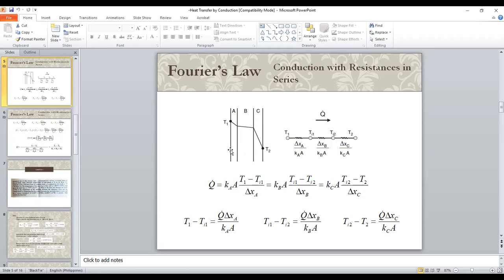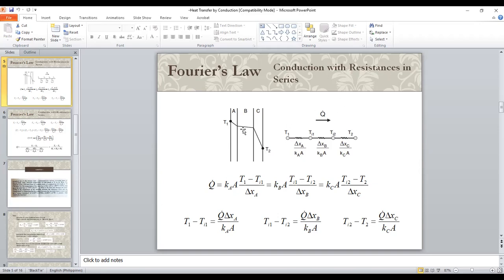But since it's labeled ABC, it's correct to assume that these are different materials. As such, your material through which heat is going to be conducted will be viewed as a series of resistances.